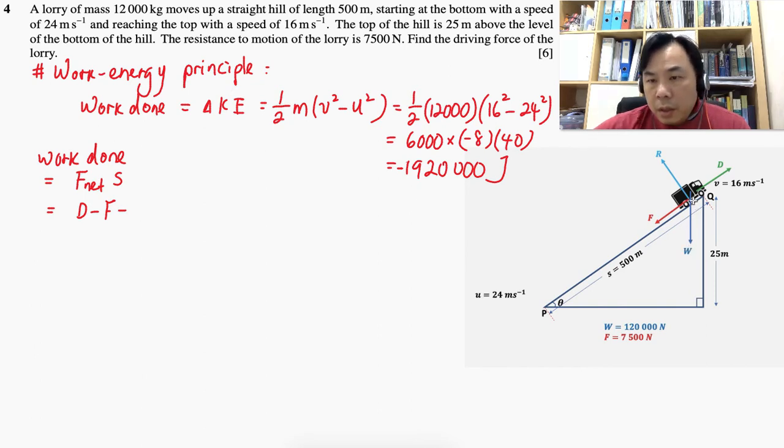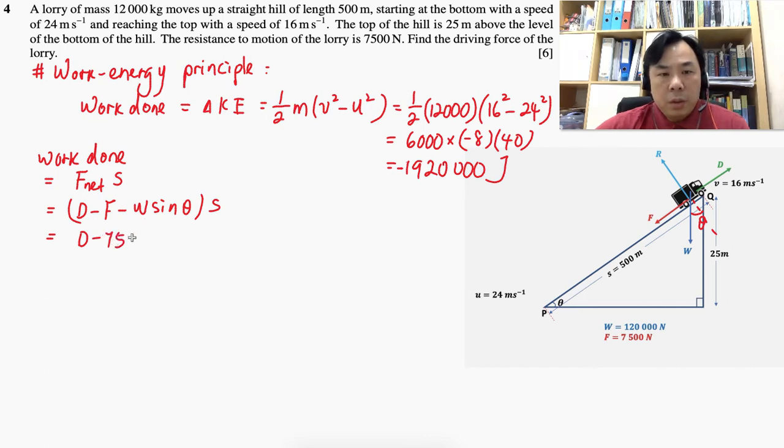This component is not along the slope, so we have to resolve this weight component along the slope. So that will be W sine theta multiplied with the S here. Once you are comfortable with this, we're going to substitute all the values available. Of course, except D, which is the one that we need to find, which is the driving force.